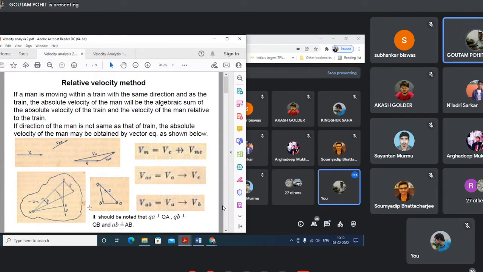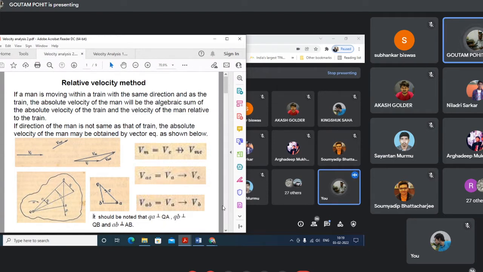Now, the relative velocity of A with respect to B is nothing but somebody sitting on the point B and observing the velocity of the point A. And its direction will be perpendicular to this line.